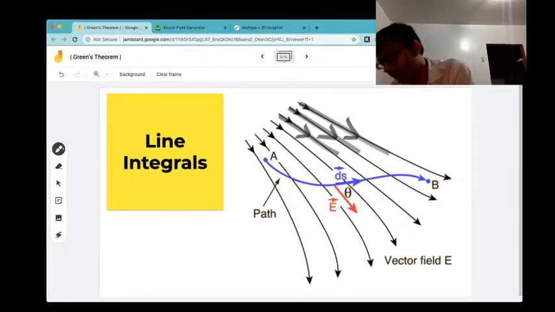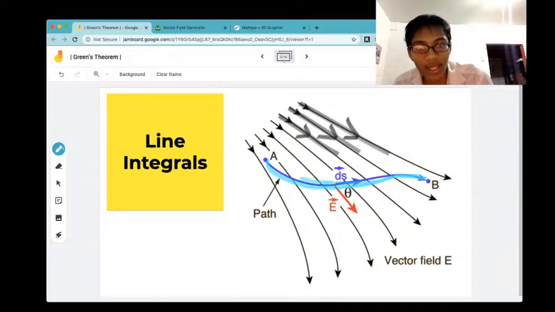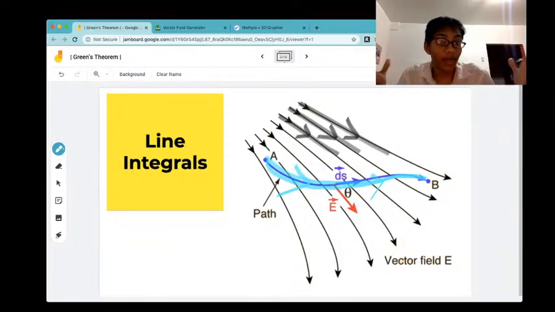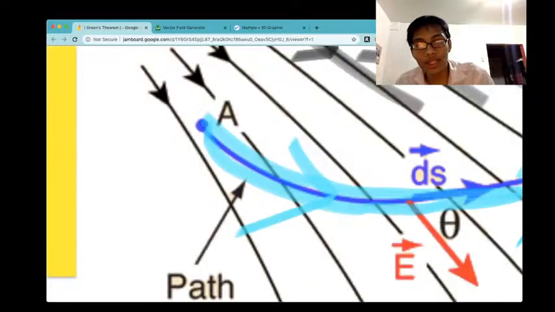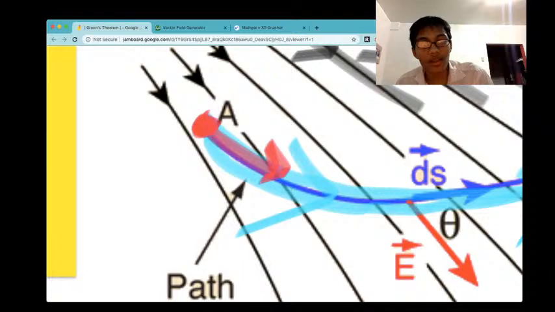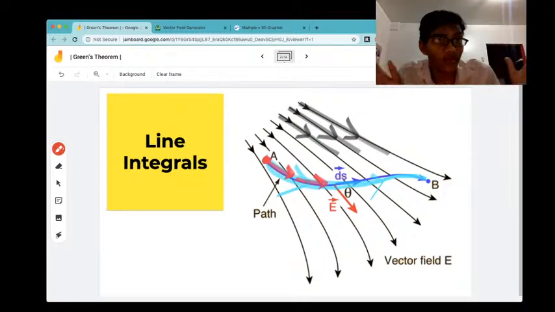But we also have a path, and let me draw that path out for you. Here in blue, you see our path, and it's going from left to right. What's interesting about our path is there's a particle moving on it. If I zoom in, you can see this particle A moving along this path. The only reason it's moving is because there's an external force.